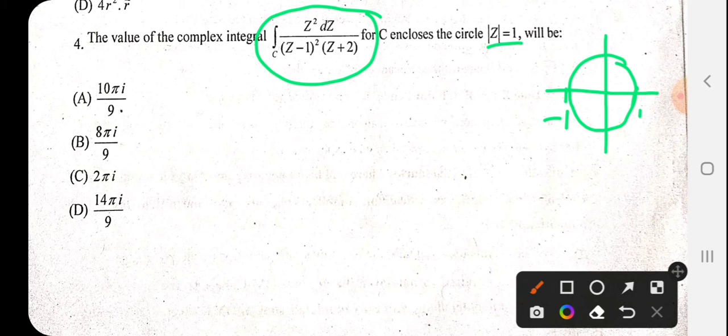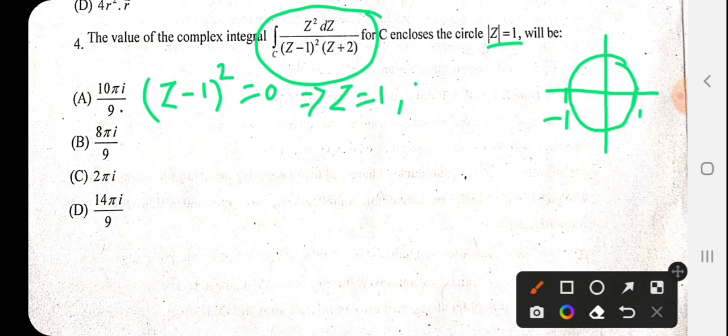This is the radius of the circle. Any point that lies inside this circle, we will consider for the analytic condition. In this question, if I take z minus 1 whole square equals 0, then I will find z equals 1, and at this point it lies inside the circle. That means here z equals 1 is the pole of order 2. Clear?